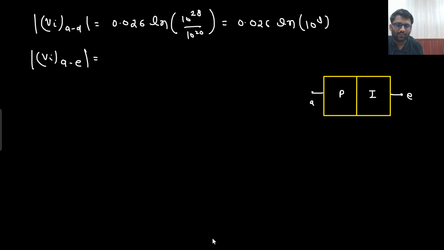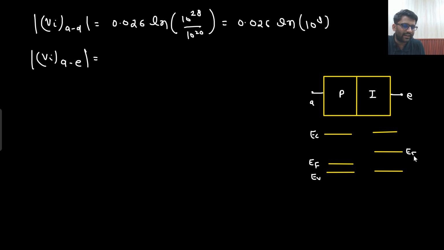So what will be the energy band diagram of P type? Sir, conduction band, valence band. Here, where will be the Fermi level? Right in the middle. Here, where will be the Fermi level? Sir, near to the valence band. So EC, EV. This was the Fermi level here. But here the Fermi level is right in the middle. You call it intrinsic Fermi level. Now what you need to do?